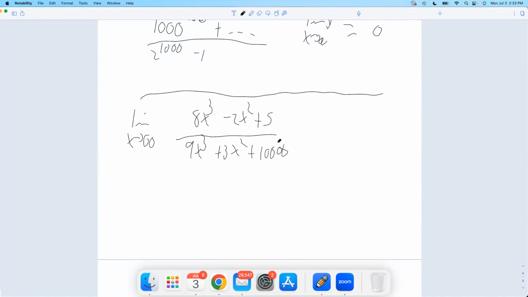Let's look at our indeterminate form. The top, that's x cubed, that's going to infinity. The bottom, that's also x cubed. It's going to infinity. So this is an indeterminate form of type infinity over infinity. I'm allowed to use L'Hopital's. So I'm going to write this out in all its gory detail here.